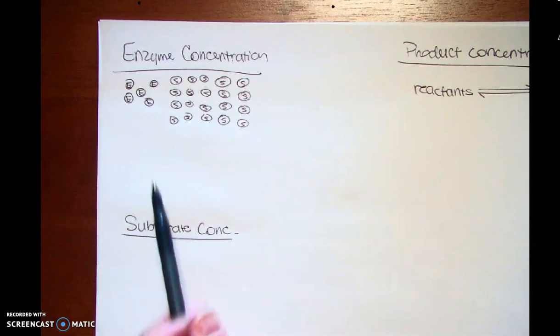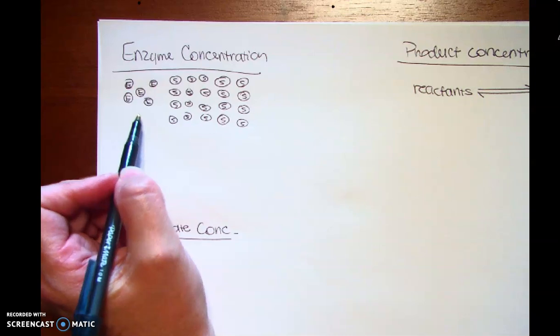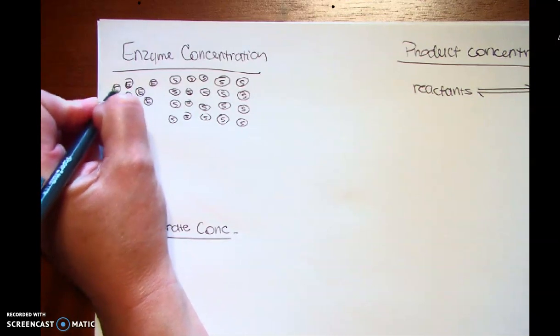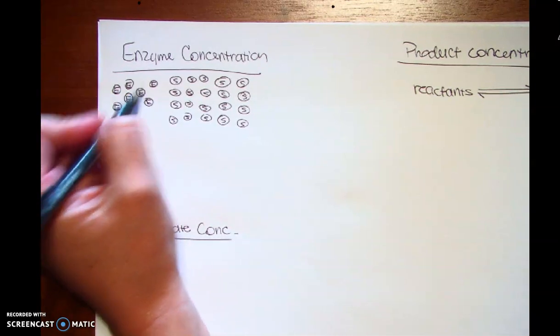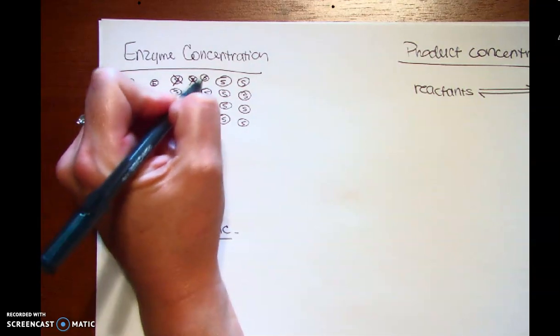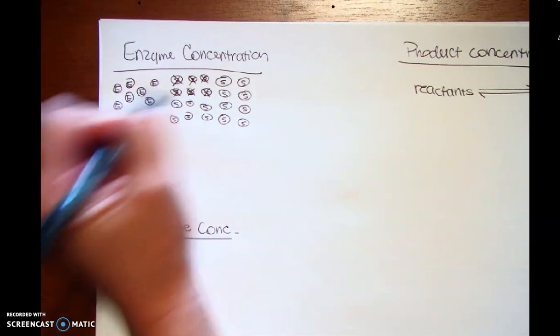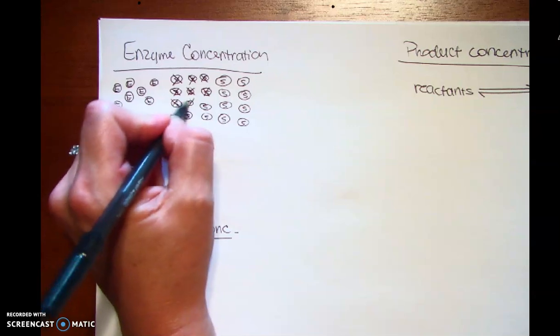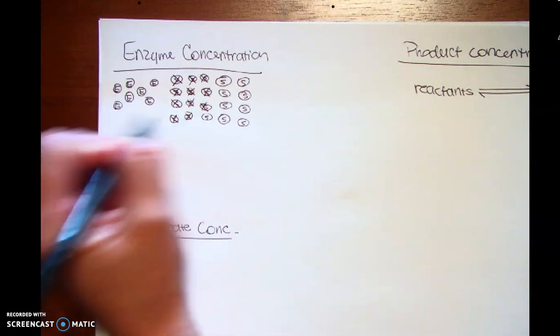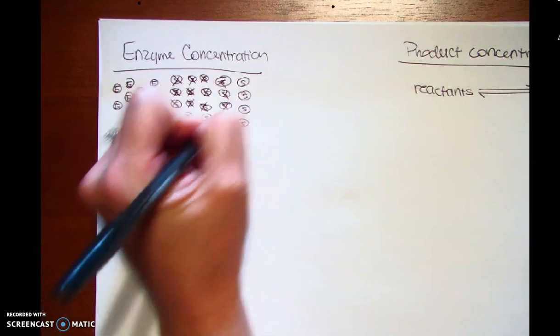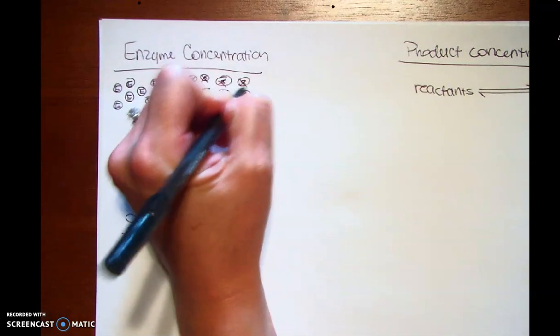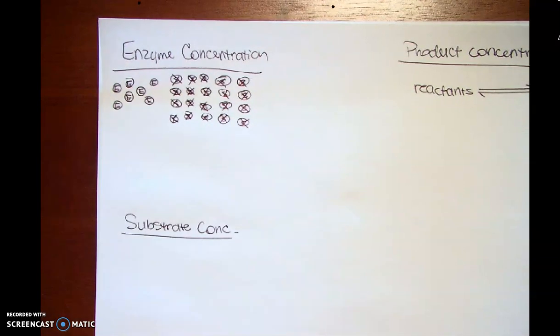Well, if you increase enzyme concentration, so you add more enzymes, let's say these first couple of guys, they start working away at the substrates, turning them into products. But they can only work so fast. When you add more enzymes, now there's more workers, and they can knock the work out faster.